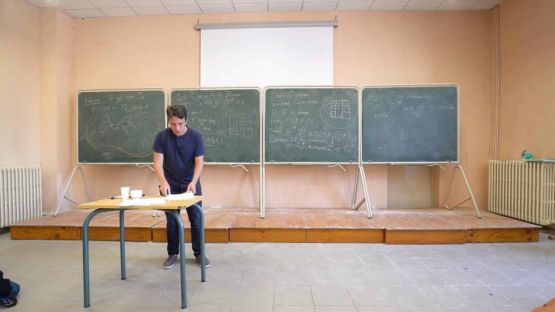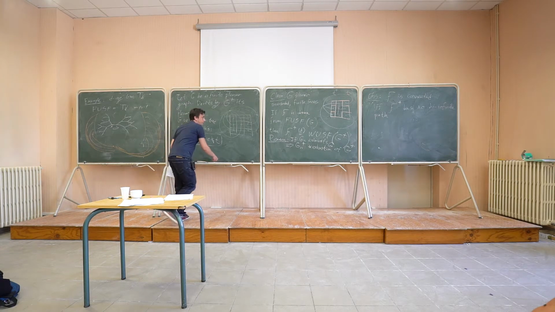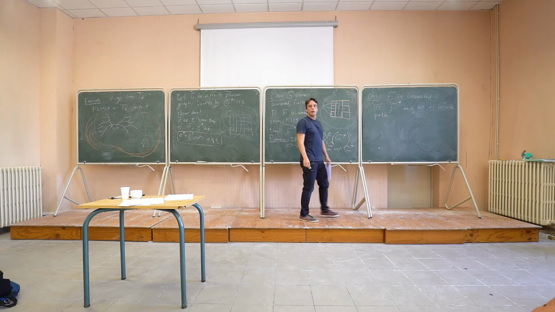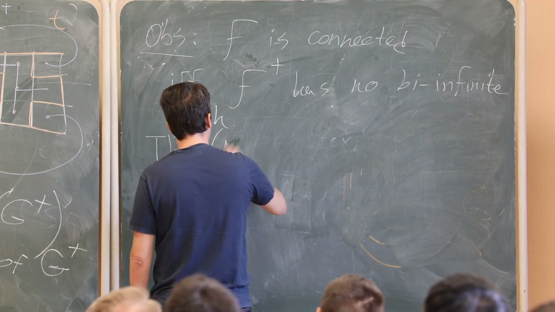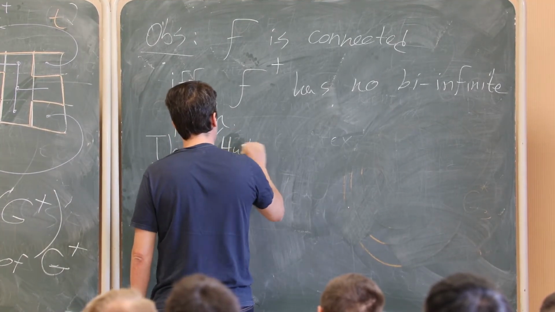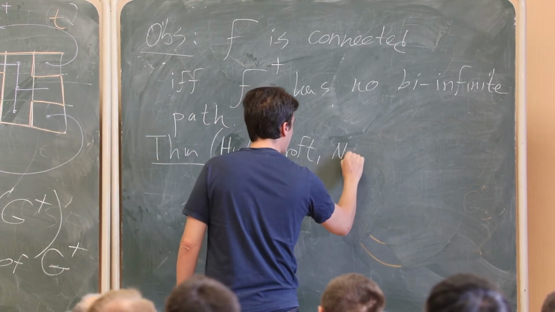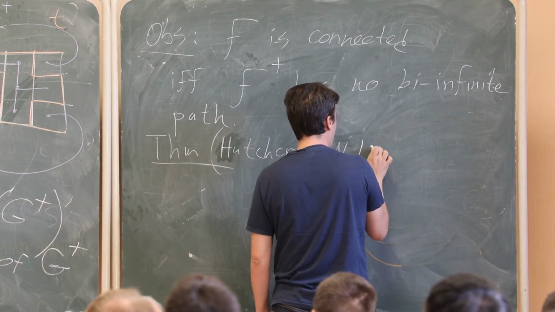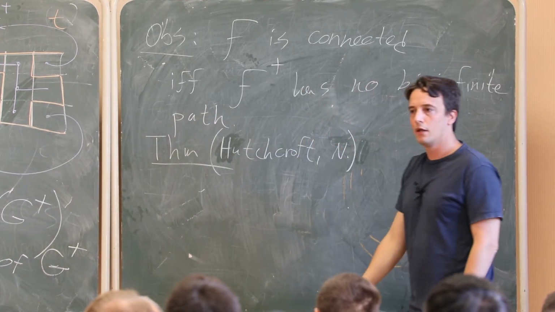Let me tell you the theorem that I'm going to prove to you. Our goal is to study this measure, and the question is, as usual, is it connected? This is a theorem together with my ex-PhD student Tom Hutchcroft. Let's just leave the year empty.